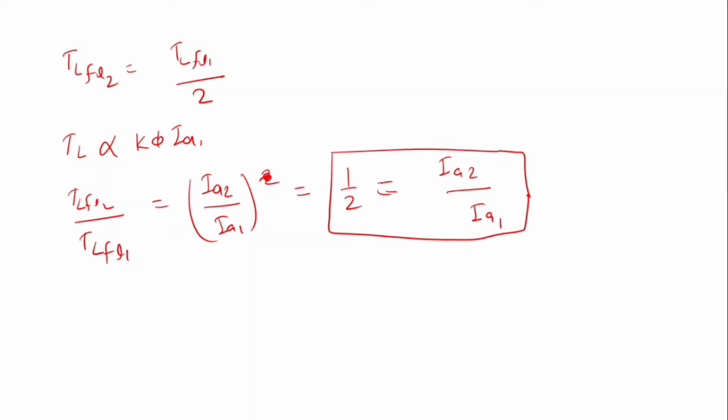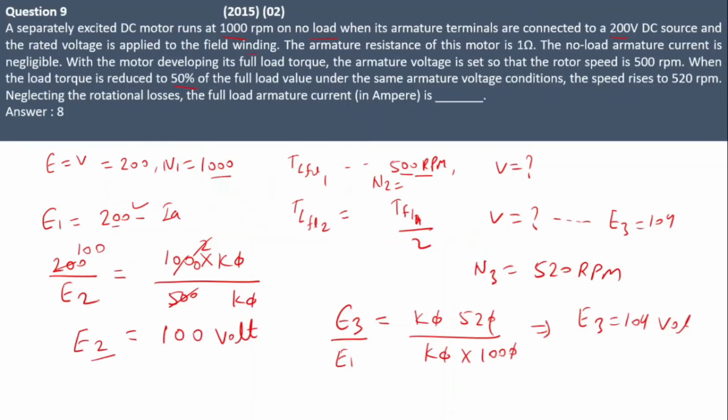Next, this EMF E2 is corresponding to 500 rpm, and at the full load torque the armature voltage is set so that the motor speed is 500 rpm.